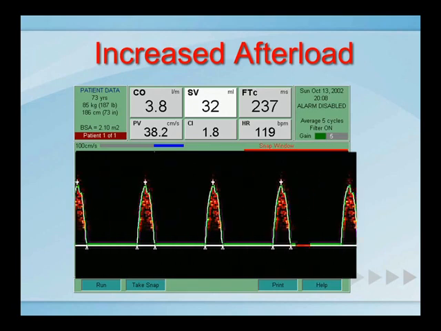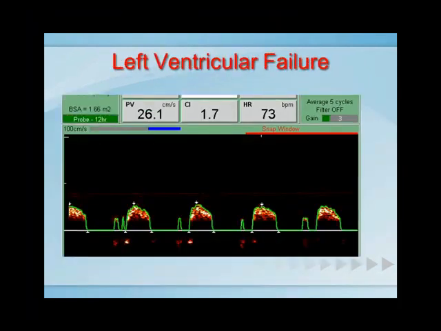on the Starling curve. This is an example on induction of a patient with known aortic stenosis and left ventricular failure. The flow time corrected may well be prolonged due to compensation of slow emptying time. After an hour and gentle filling, cardiac output went up, stroke volume went up to about 60, and peak velocity went up to about 50, both of which were low.